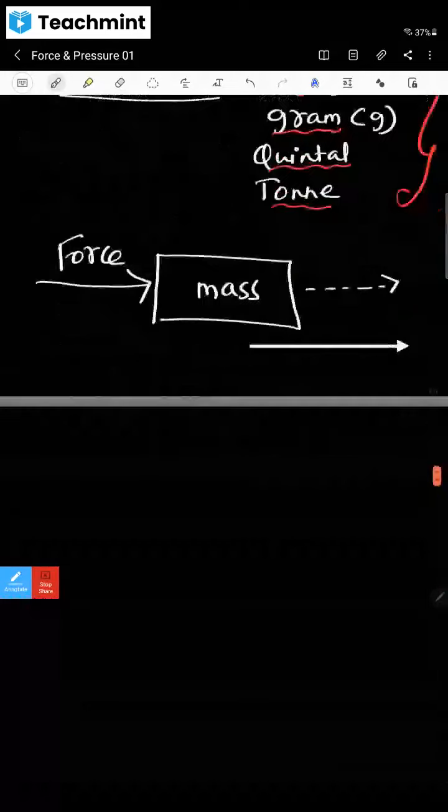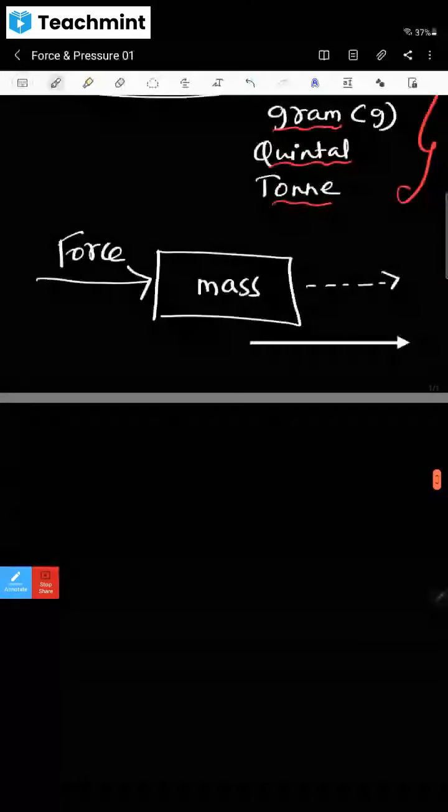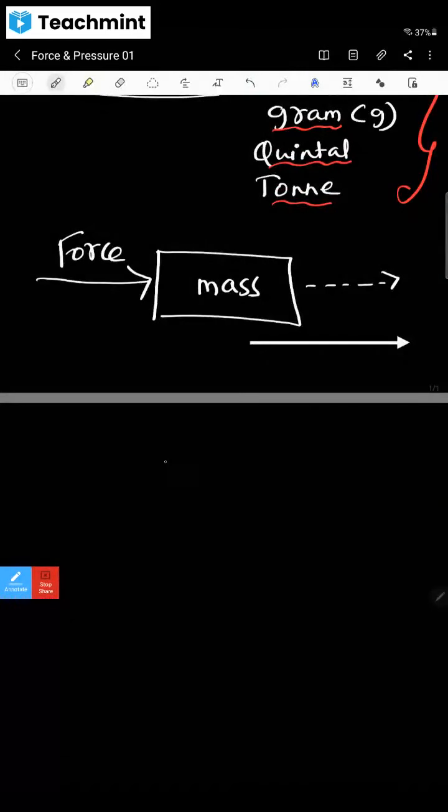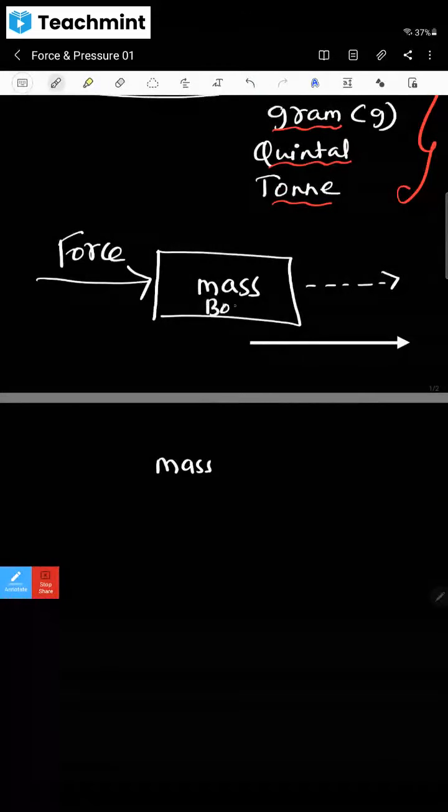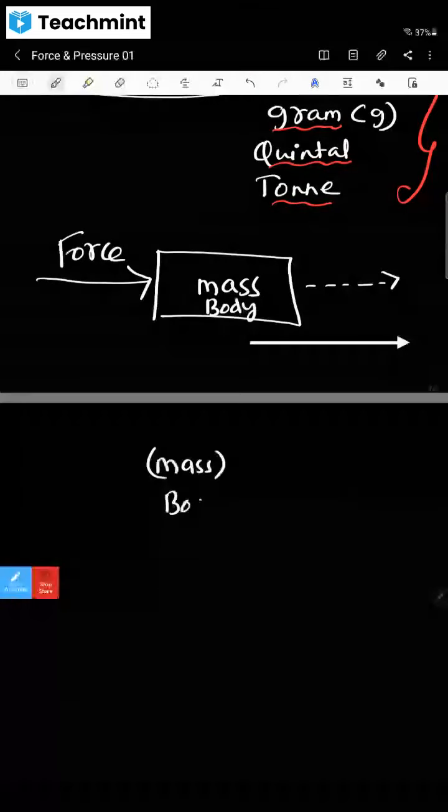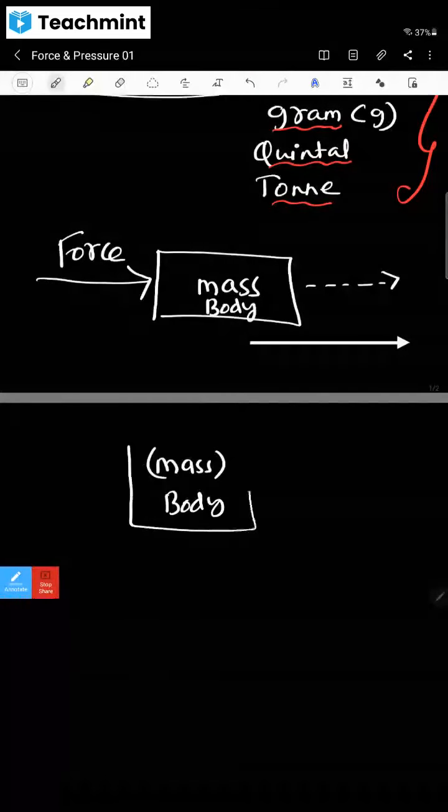Now I'm giving you another situation. There is another body with mass. Mass means a body. Now it is already moving.